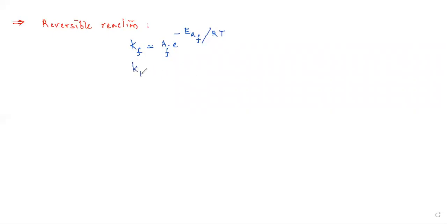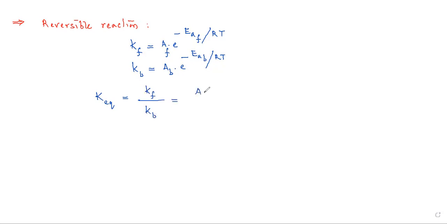Similarly, Kb can be given as AB into e power minus EA backward reaction by RT. Now, we know that Kc or simply K equilibrium, nothing but equilibrium constant is equal to Kf by Kb.